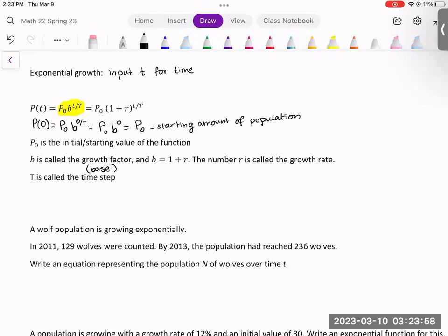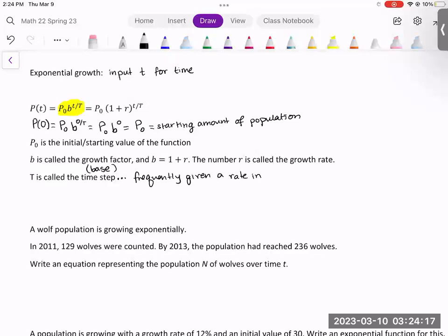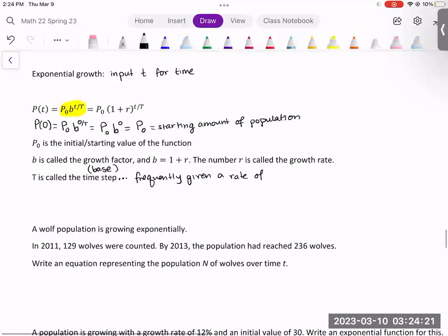Capital T here is called our time step. It's very frequent that we're given a rate of growth in terms of a time.